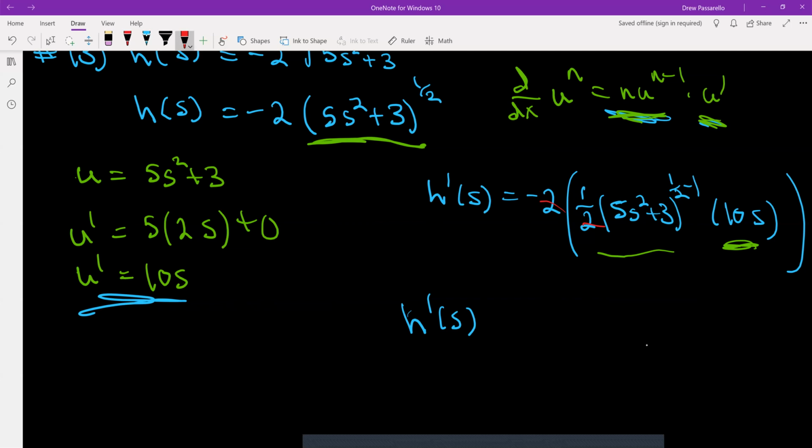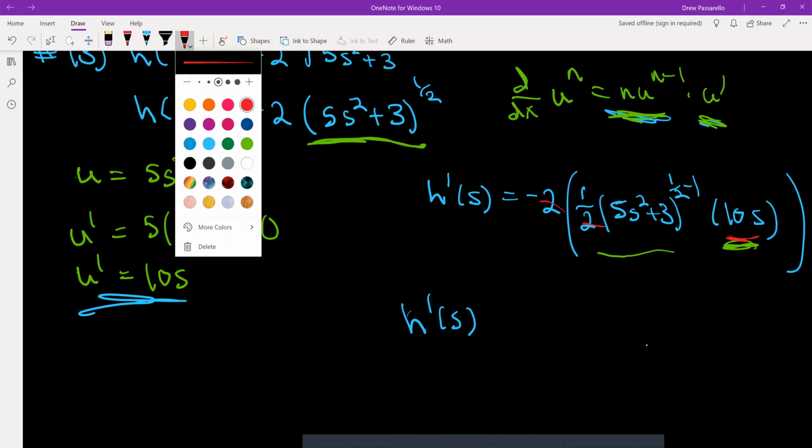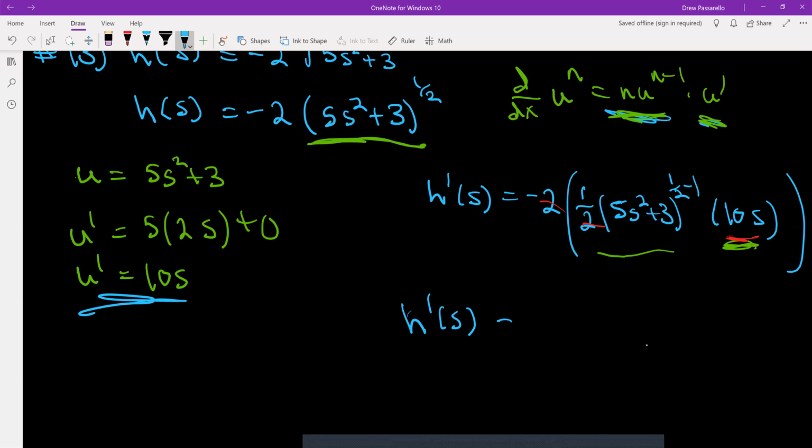So I have this -1 times 5s squared plus 3 raised to the 1/2 minus 1, which is the -1/2 power. Now, because I have this 10s, I'm going to bring this part to the front with the negative sign. So it'd be -10s, and then times the 5s squared plus 3 raised to the -1/2.